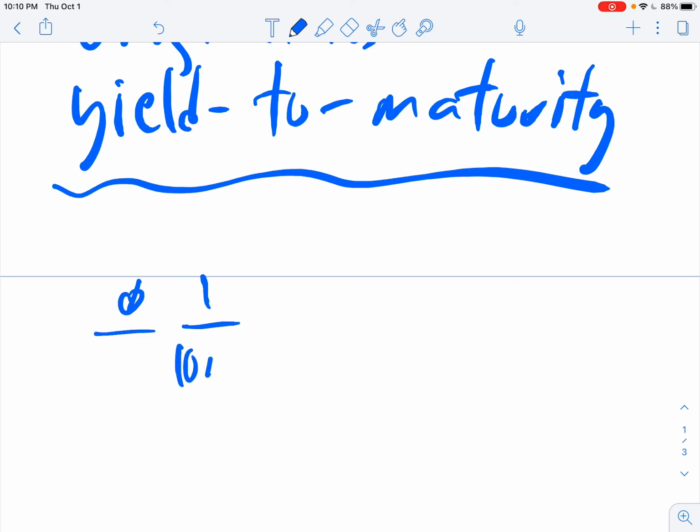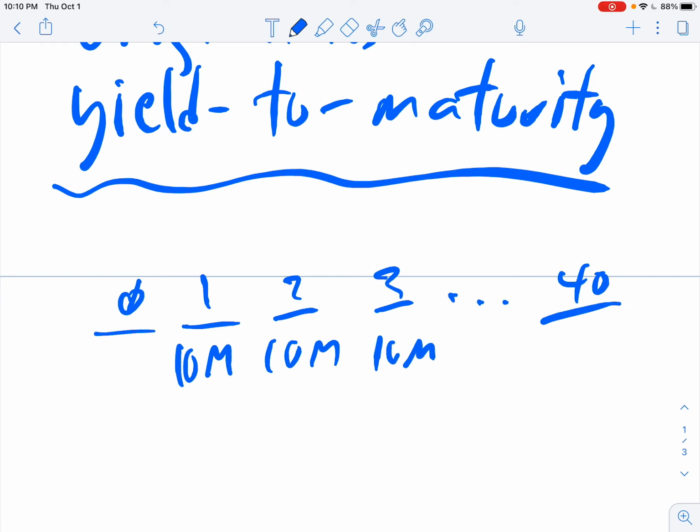So its payments are $10 million at date one, $10 million at date two, and these dates are separated by 6 months. So date two would be 1 year, date three, 10 million. Let's say it's a 20-year bond, so out here at date 40, 10 million in interest, plus repay the 100 million. So these are the promised cash flow streams of this 40 period or 20-year bond.